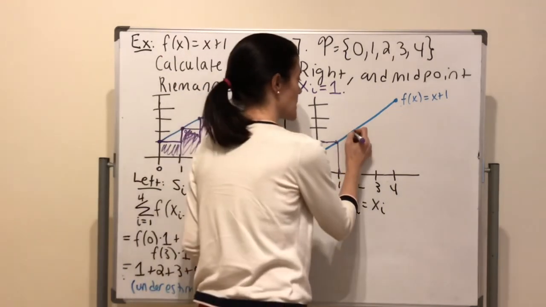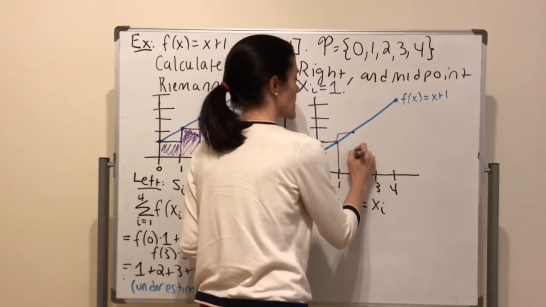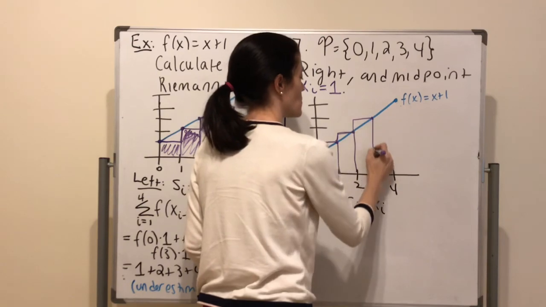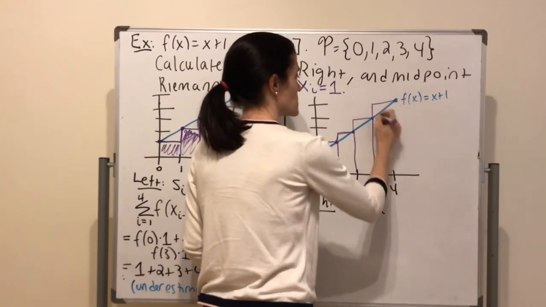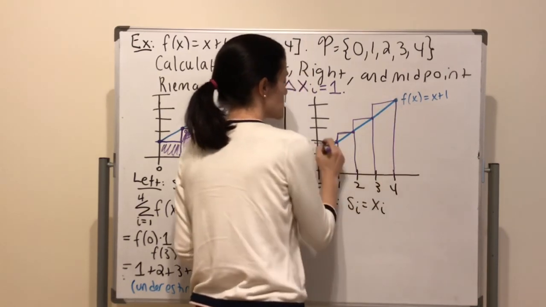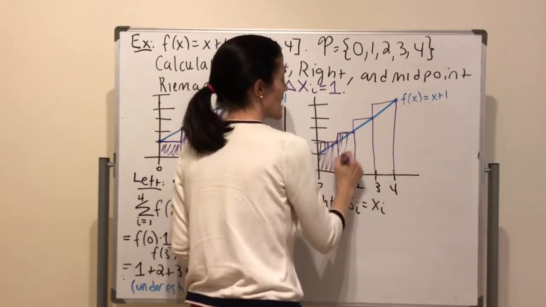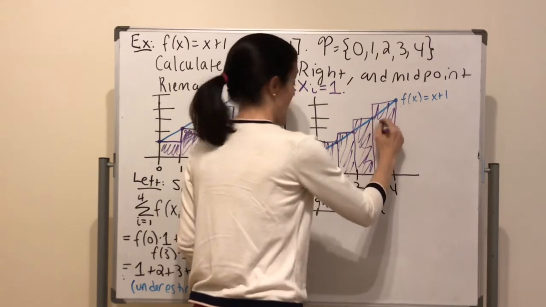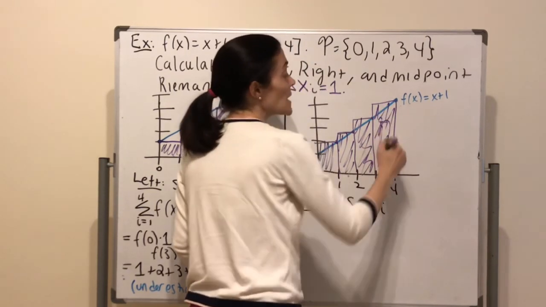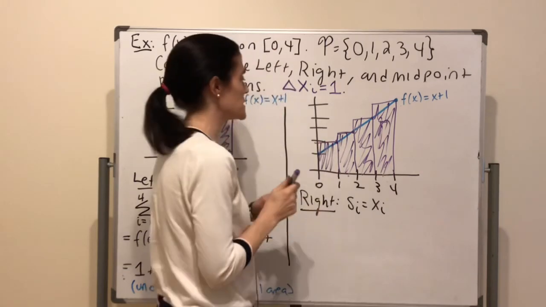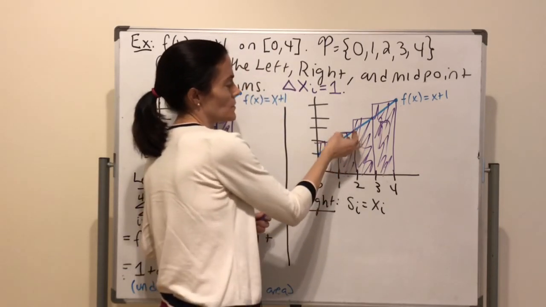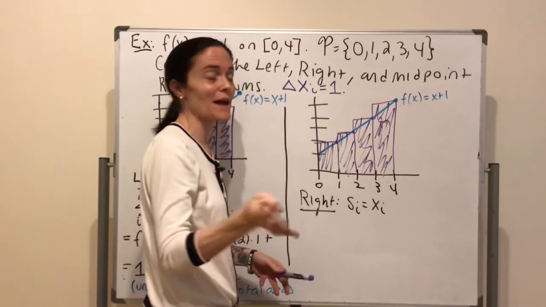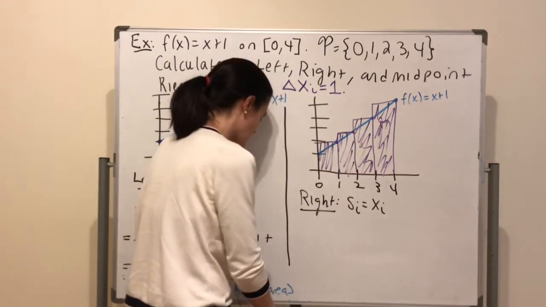And then similarly here, this rectangle, we get this rectangle and this rectangle. And so the Riemann sum gives us the areas of these four purple rectangles. And we will see, similarly, this one will be an overestimate because we have this extra part of area in these four rectangles that exists above the curve.